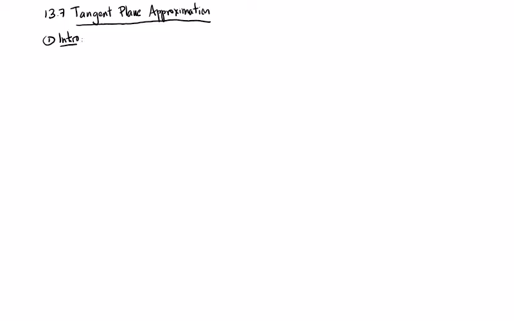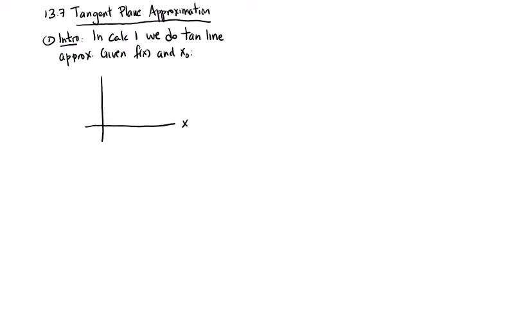If you remember in Calc 1, we can do what's called tangent line approximation. Given a function and a point, if you take your function, maybe it looks something like this.